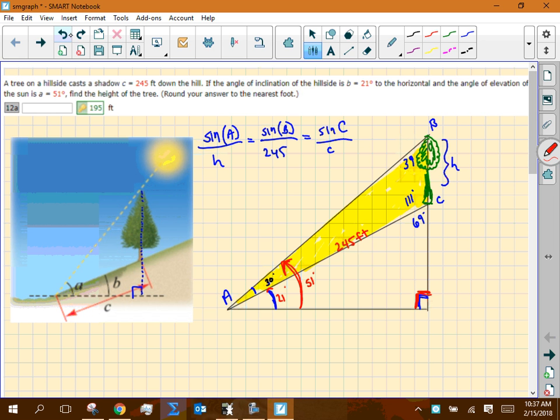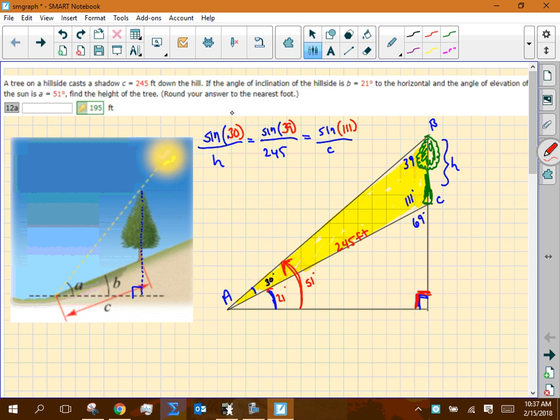But now that I've done that, what's really nice is angle C is going to be 111. Angle B is going to be 39. And angle A we said was 30.